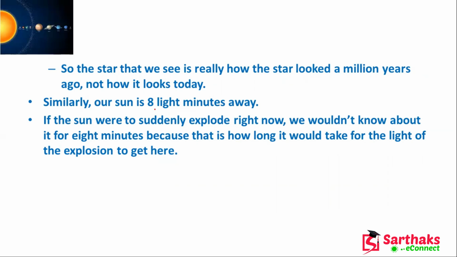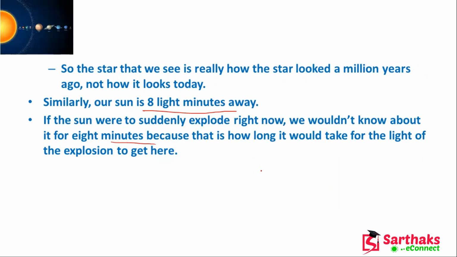Similarly, our sun is 8 light minutes away, and if the sun were to suddenly explode right now, we would not know about it for 8 minutes, because that is how long it would take for the light of the explosion to get here.